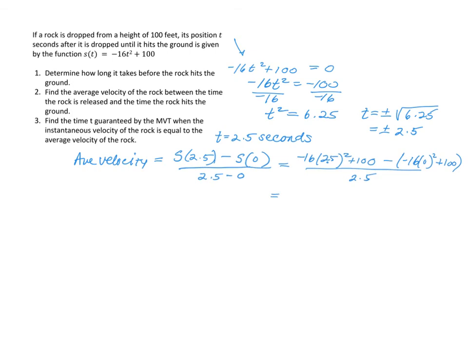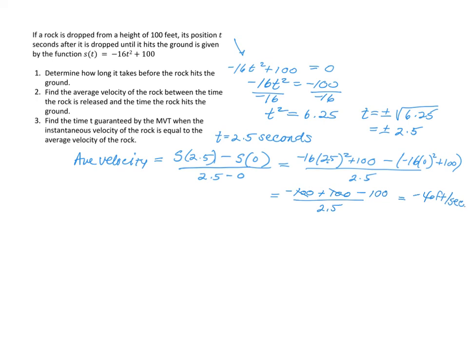So let's do the math. I'm getting the first number to be negative 100 plus 100, and then the second part is going to be negative 100, all over 2.5. The 100s cancel each other out, so we get negative 100 over 2.5, which is negative 40. All right, and that's in feet per second.